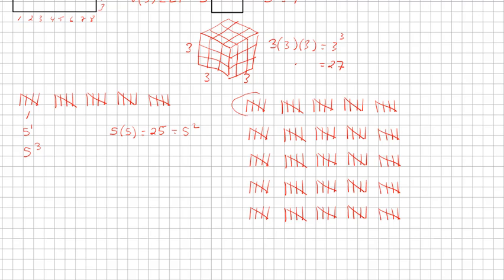Now this entire row becomes my new template, and I replicated this 5 more times. So if I wanted to know how many things were on here, I have my first group of 5, then I replicated that 5 more times, then I took this set and replicated it 5 more times. So in other words, what I have is 5 cubed, or 125.